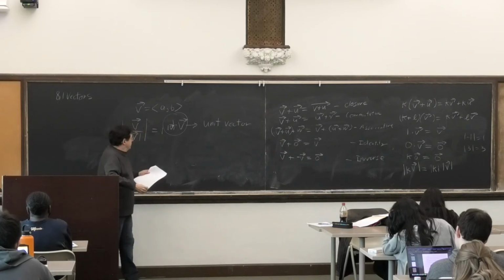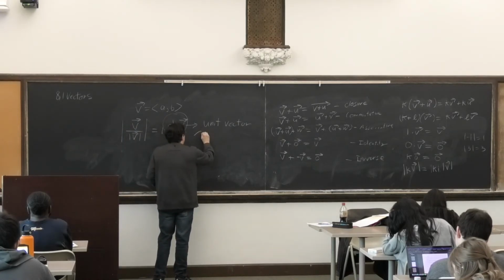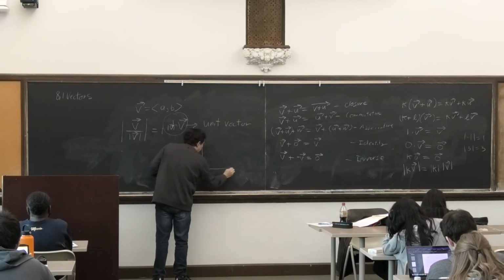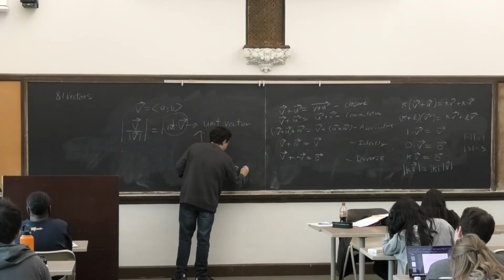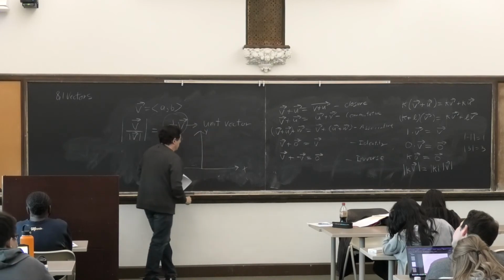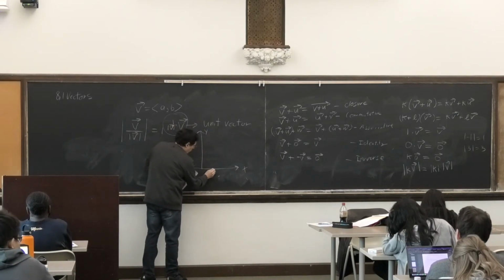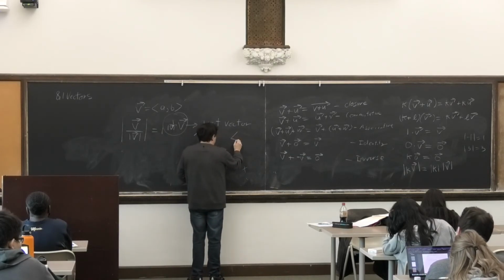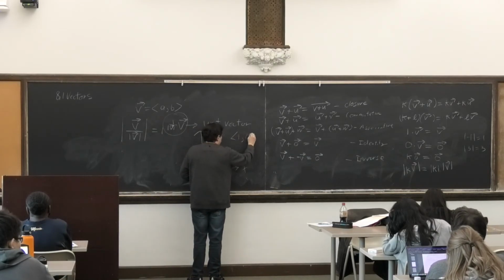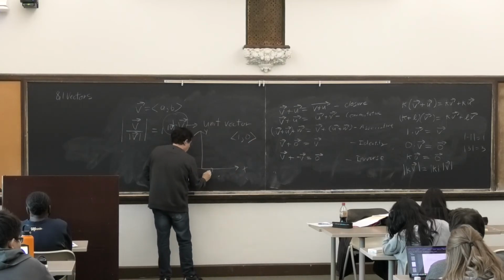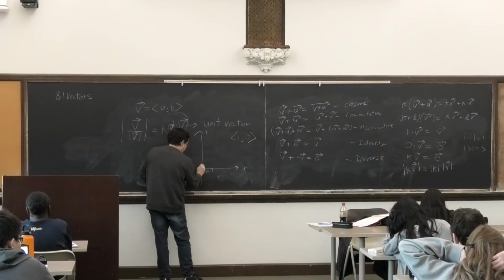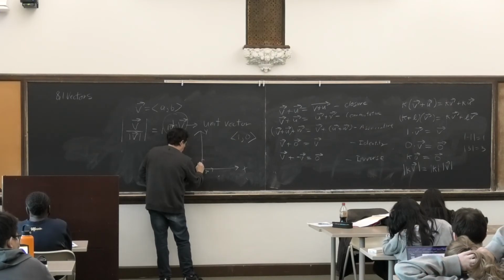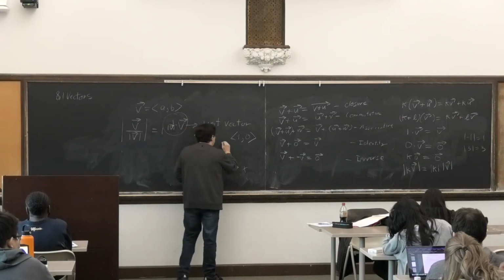Now, in particular, there are two very important unit vectors when we're dealing with x and y coordinates. We have a unit vector along the x-axis. That's 1, 0. I'll call this x vector for a second. Y vector would be 0, 1.